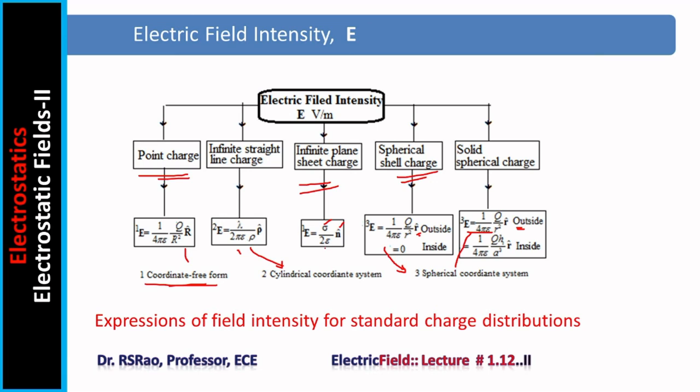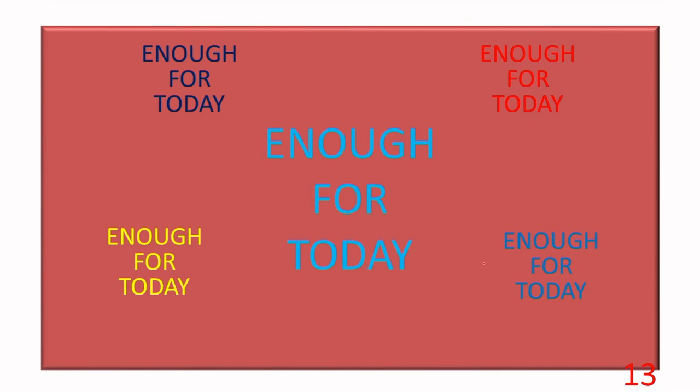So these two formulas, field for point charge and field for infinite plane sheet charge, are in coordinate free form, whereas field due to infinite straight line charge is in cylindrical, and the remaining two are in spherical coordinate system. So far we covered certain standard stationary charge distributions to find their field intensities. This is all what I have to share with you for the present.